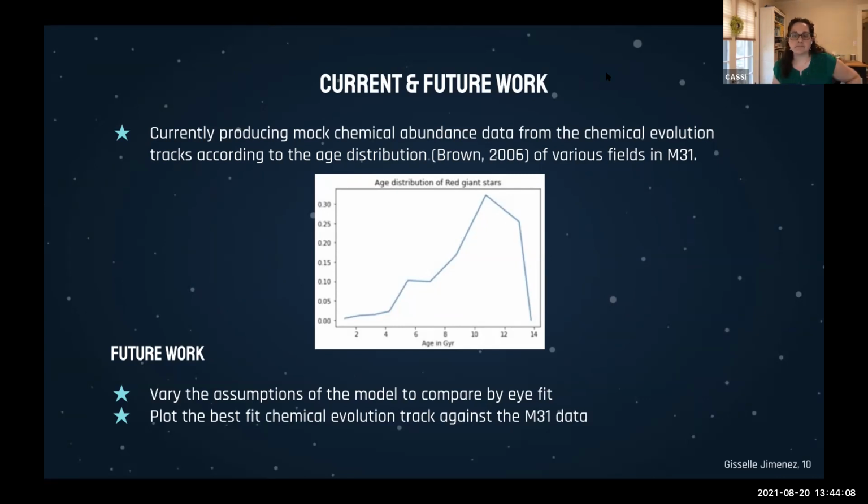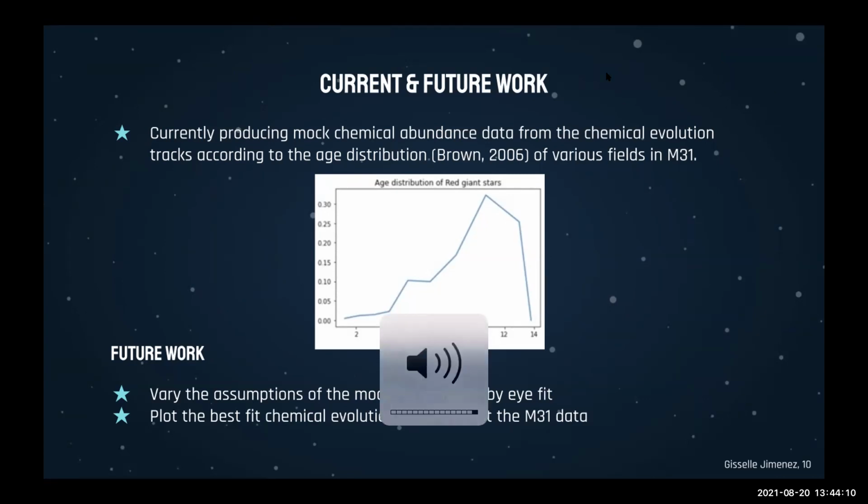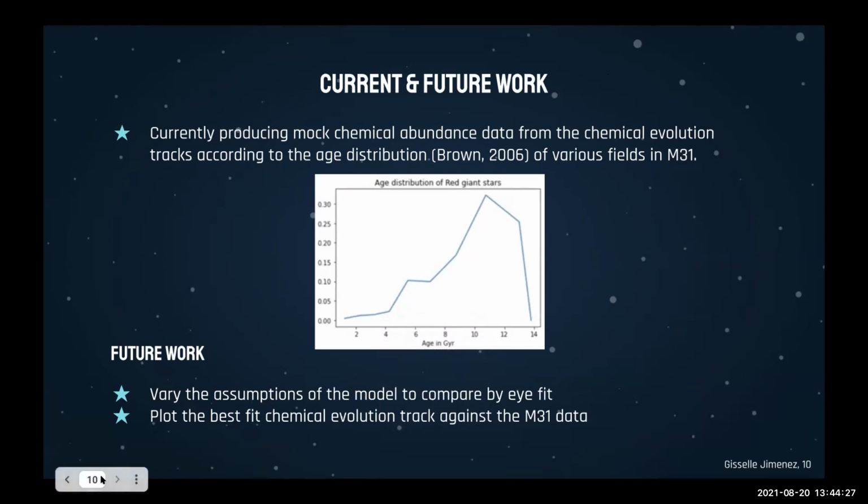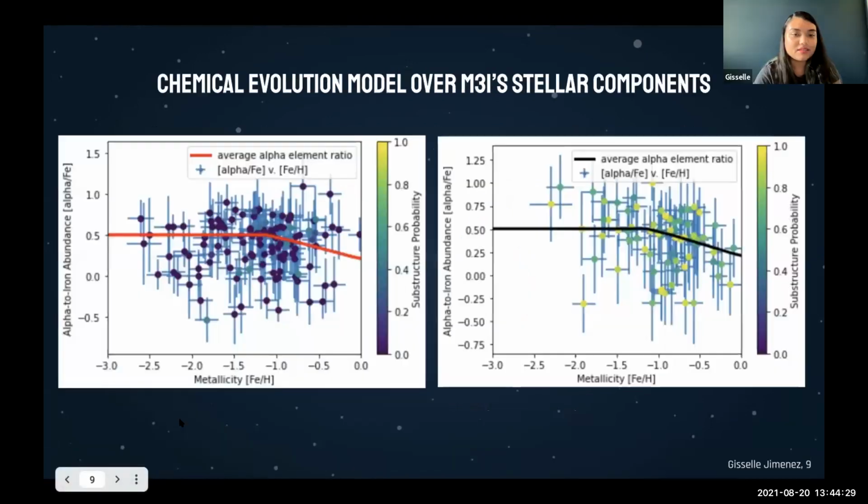Go ahead, Alex. Giselle, I had a question about the tracks. Do you expect the tracks to be different for modeling the substructure and the halo in terms of what's going to be the best one? Do I expect the ratio to be different when I compare them to the data?